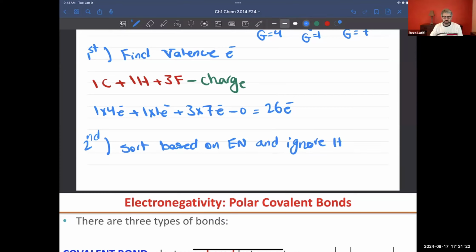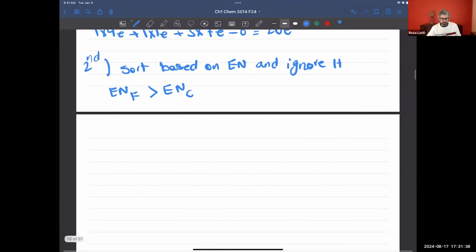So I have only carbon and fluorine, and I'm going to say the electronegativity of fluorine is higher than the electronegativity of carbon. What does it mean? It means carbon is the central atom.